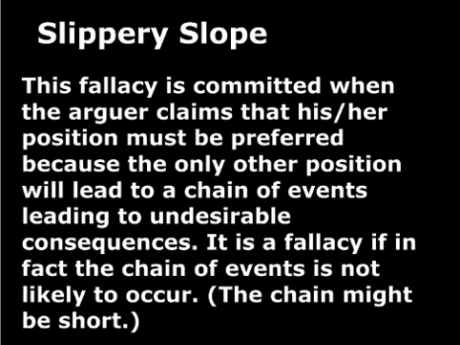It's a fallacy if in fact the chain of events isn't likely to occur. Now keep in mind the chain might be short. I'm going to give examples where the chain involves like 3 or 4 steps. It could be one or 2 steps, okay? It's just easier to see if there's a lot of steps. So let's see some examples.